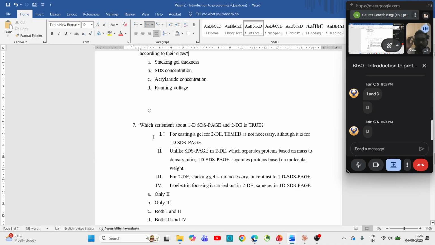Yes. So, which statement of one-dimensional and two-dimensional is true? You can just read the question. For casting a gel, stacking gel is not necessary, although it is for one-dimensional.